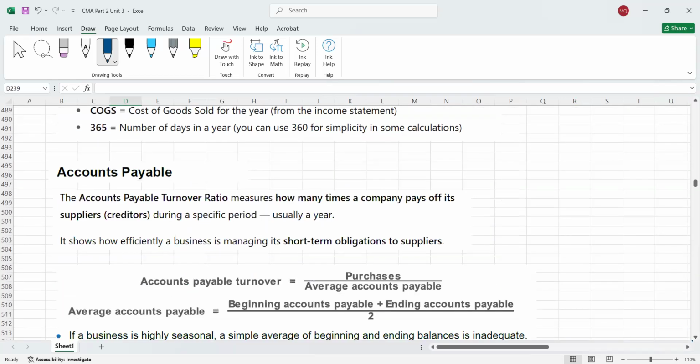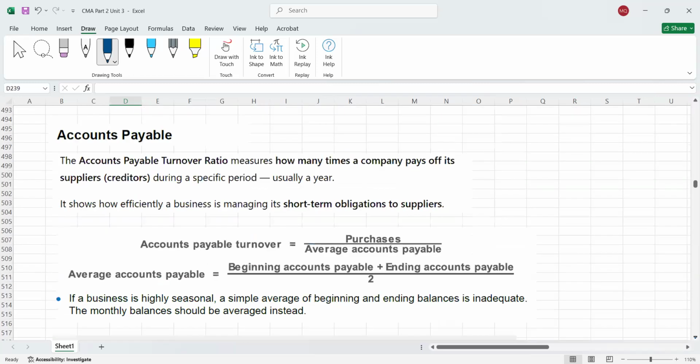Now we got it here, third ratio, which is called accounts payable. So we have dealt with receivables ratios. Let me remind you, we studied two: receivable turnover ratio and receivable days, which is called collection period also.